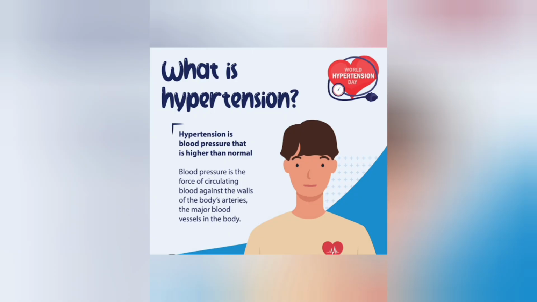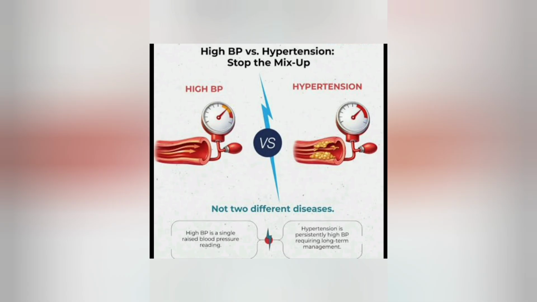SASP factors. These senescent cells do not die. Instead, they remain active and secrete harmful pro-inflammatory molecules, the senescence-associated secretory phenotype, that attract immune cells to the artery wall. 2. Chronic inflammation, inflammaging.